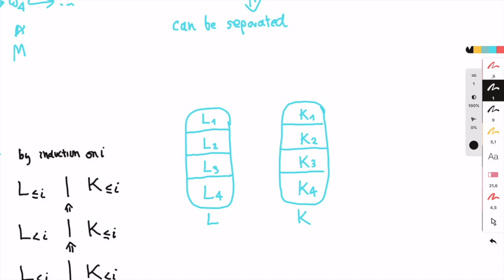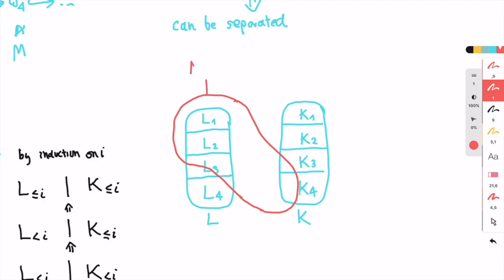So there will be the following languages involved. First of all, I take my separator from the induction assumption, which separates L1 union L2 from K1 union K2. I have no idea what it does with 3 and 4, so it does something like this.